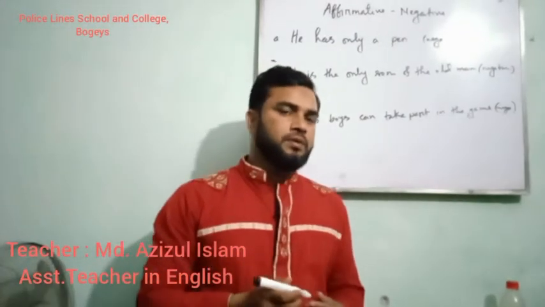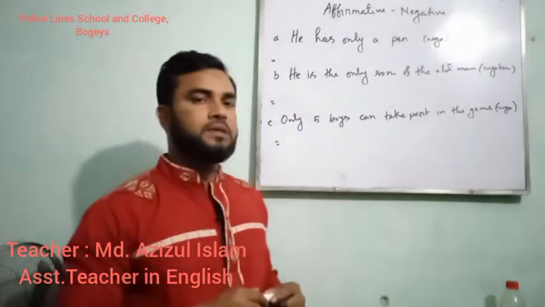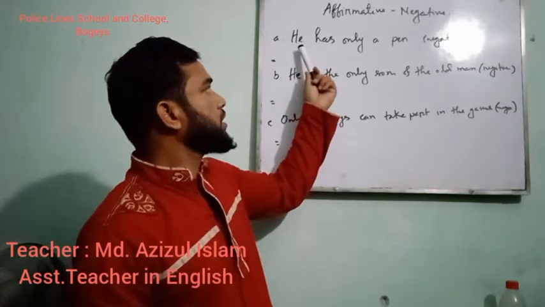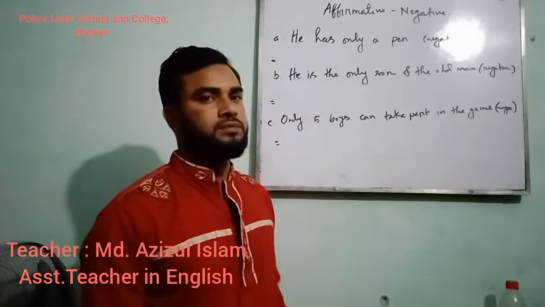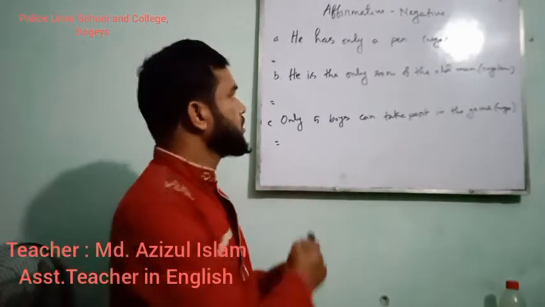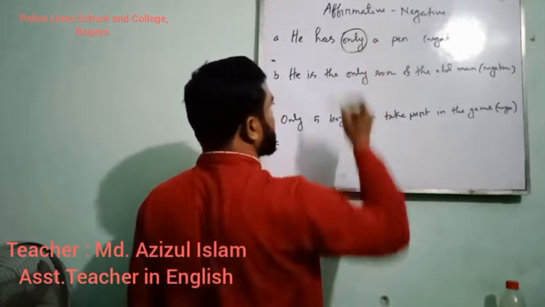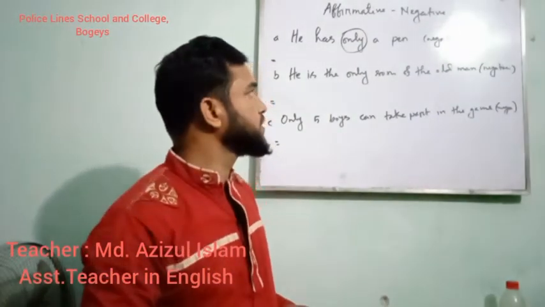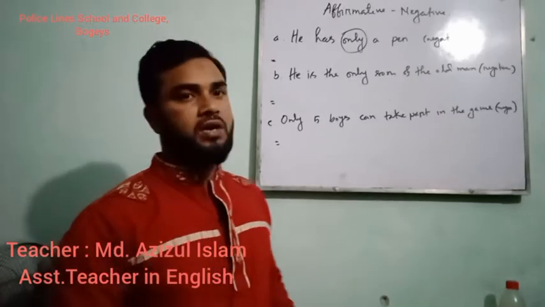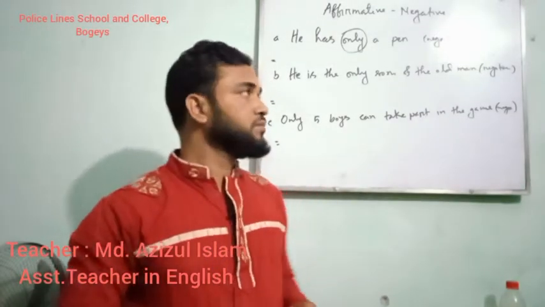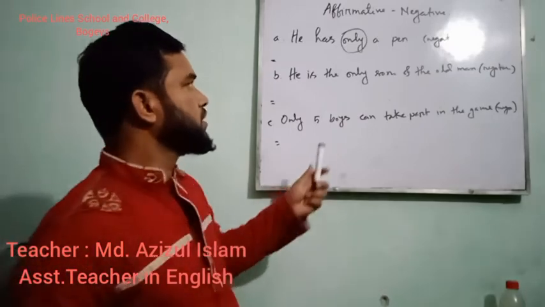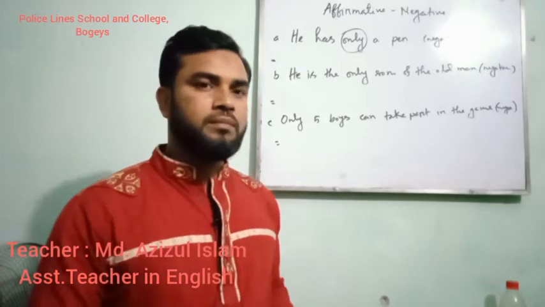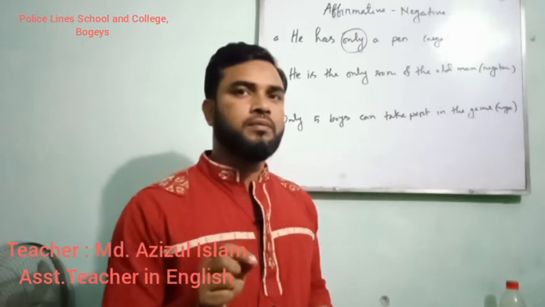In these 3 sentences, we can see that in number A, he has only a pen. Here the word only can be replaced with nothing but, and if we replace it with nothing but, the sentence will be into negative form, but the meaning will remain the same.